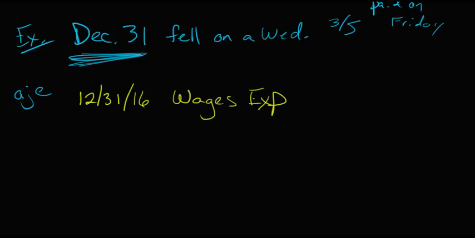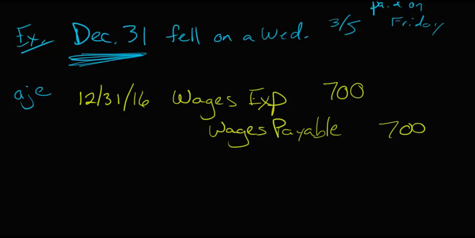Now, you haven't actually paid it yet because it's not going to be paid till Friday. So what do we credit? Well, we're going to credit an account called wages payable. Even though you haven't paid this, you're basically saying, okay, it's year end, and these workers have done the work. Let's say it's $700, the value of 3/5 of a week or something like that.